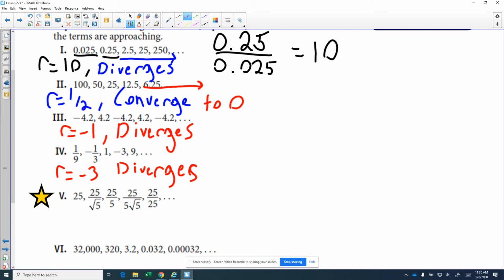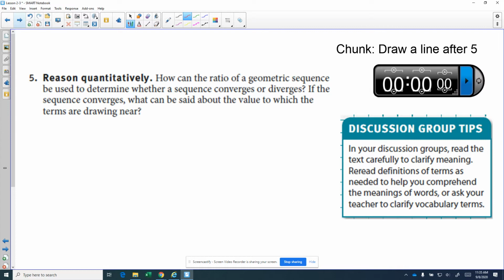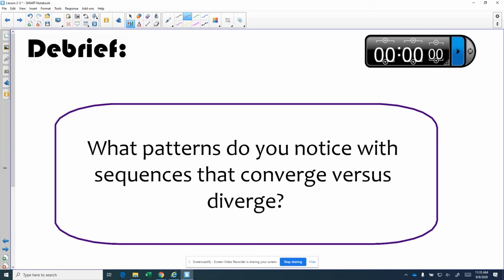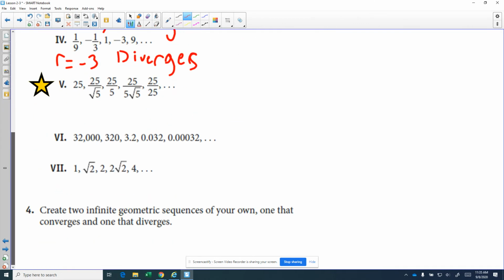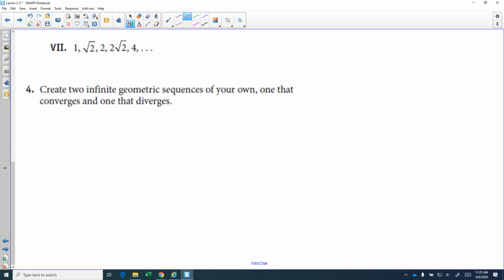Okay. So now what we want to do is try to think, how could I base this off the equation? I want to actually go back to number 4 here. We want to create 2 sequences that are going to allow me to create a convergent or divergent sequence. And here's the main thing I want you to think about.